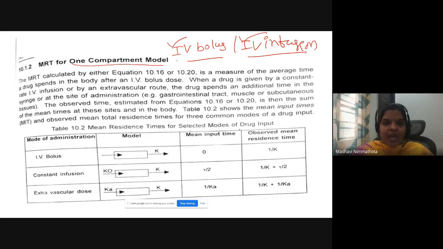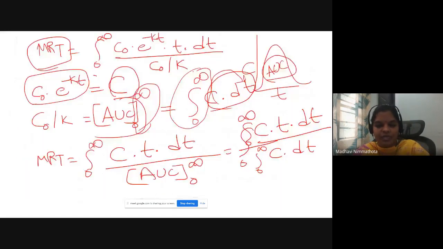So if we want to measure the MRT for drugs which follow the one compartment open model, what is the equation? MRT can be calculated by this equation, the last equation.